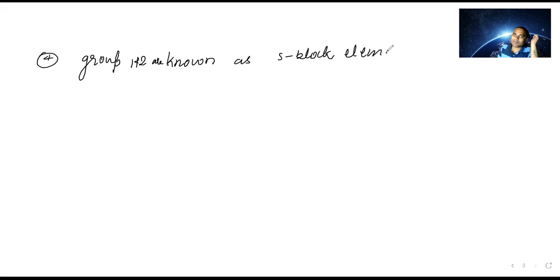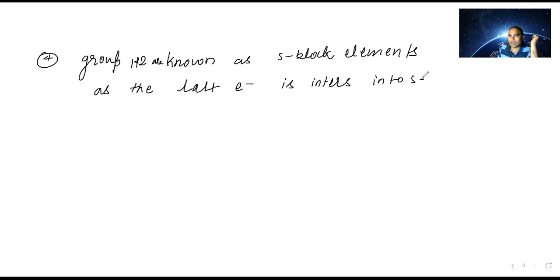Why are they known as s block elements? Because the last electron enters into the s orbital.